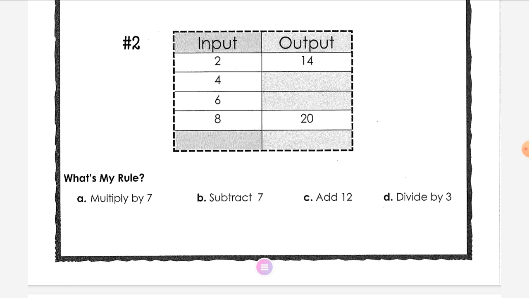If you get those two done, I want you to go to number 6. So 2, 4, 6.